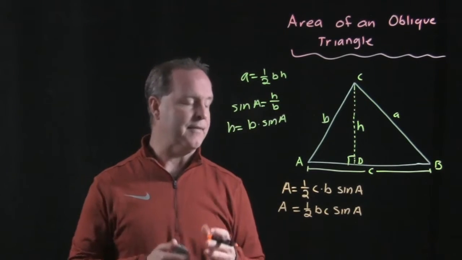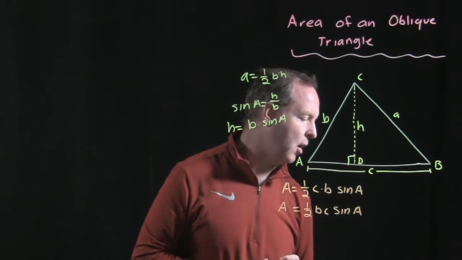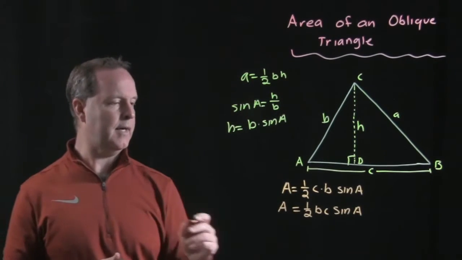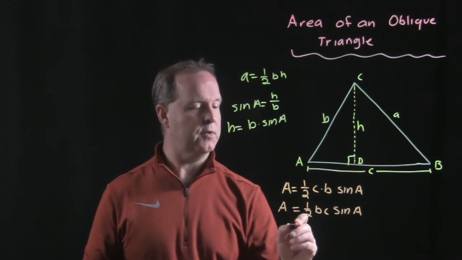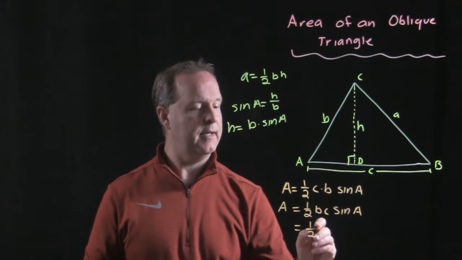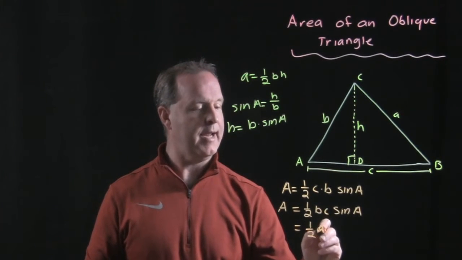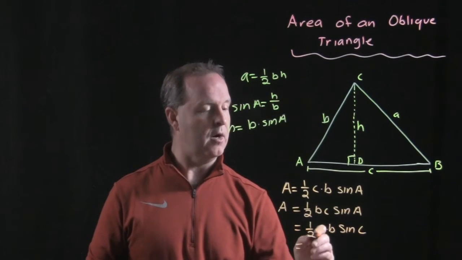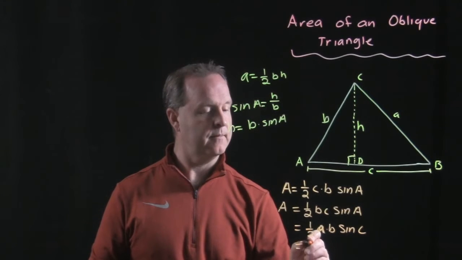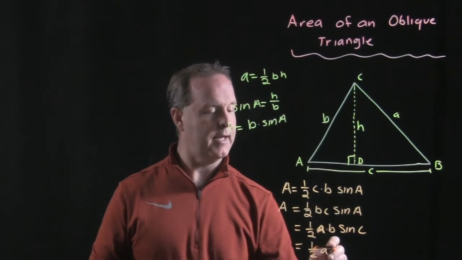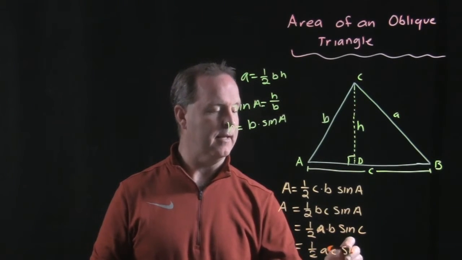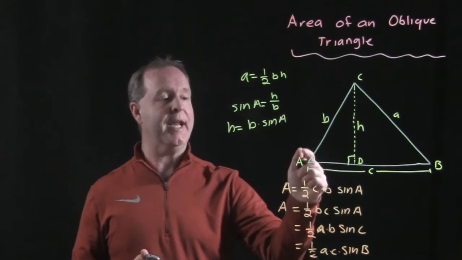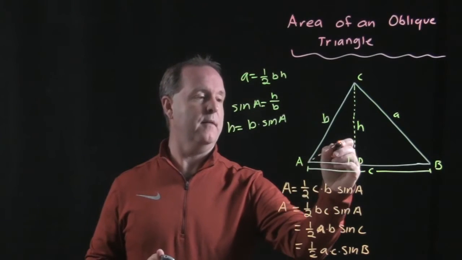And we can extrapolate that all the way around to all the other components as well. So this is true. We also know the area is also 1/2 a times b times the sine of C, and also 1/2 a times c times the sine of B. Now we were able to derive those other two by just changing the h.